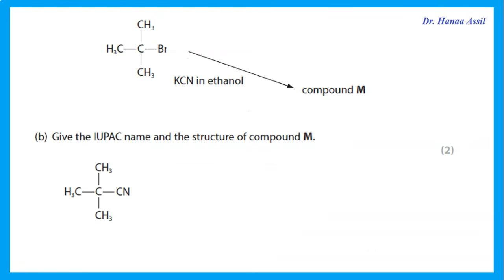Give the IUPAC name and the structure of compound M. What is happening in compound M? We're replacing the Br with a CN. Now, how are we going to name this compound? Remember that we take the long chain that has the CN. We count the total number of carbons in that.